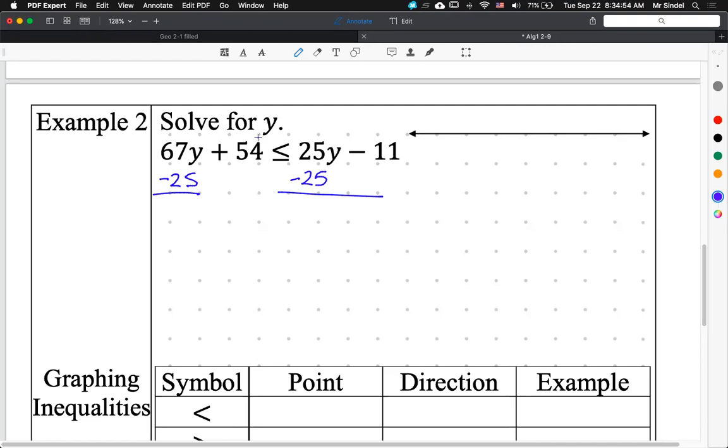It would be negative 42y plus 54. And then the 25 would cancel out, and it would be y equals 11.